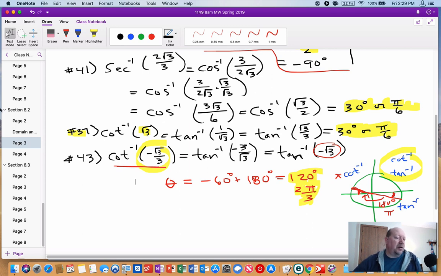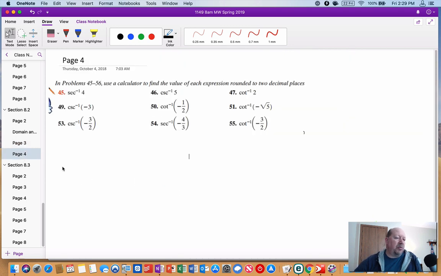Okay, let's talk about one more thing here in section 8.2, and that is how to do some of these calculator problems. Okay, so we'll take a look at number 54 here, where it says the inverse secant is negative 4/3.